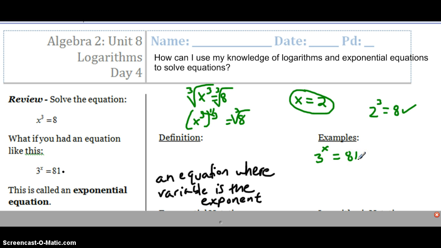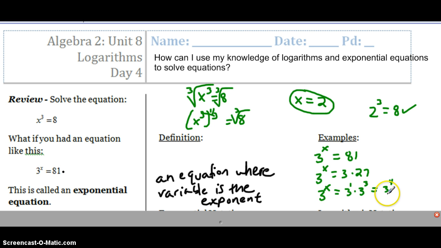And we know 81 is 3 times 27. And we know 27 is one of our perfect cubes. So that would be 3 to the x equal 3 times 3 to the third power. So since we're multiplying the same base, that would be adding these exponents. So that would be equal to 3 to the fourth.